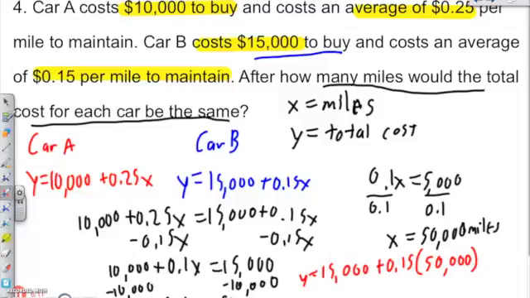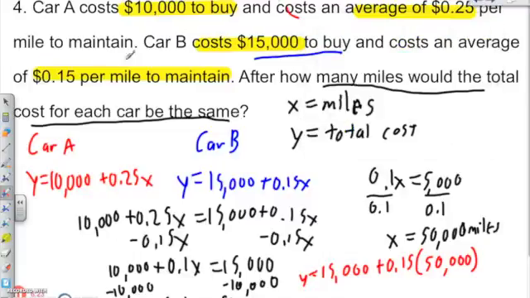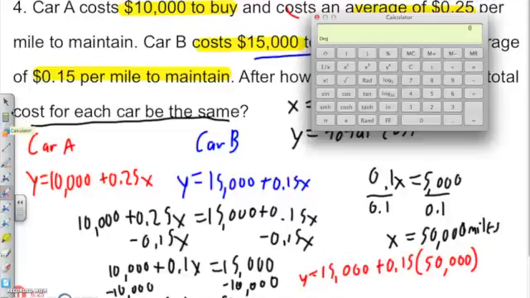Alright, if we open up our calculators, we would do 0.15 times 50,000.